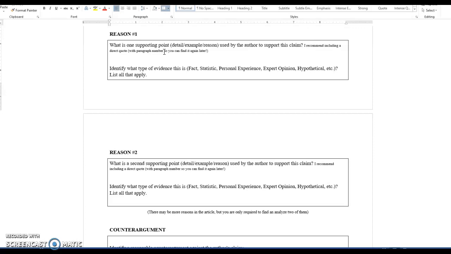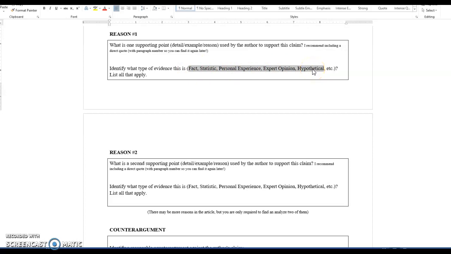So identify one reason or example or detail that the author uses to support their claim, and then identify what type of evidence this is. Now, this is the first time that we're encountering types of evidence, so it will be valuable for you to look up facts, statistics, personal experience, expert opinions, and hypotheticals.